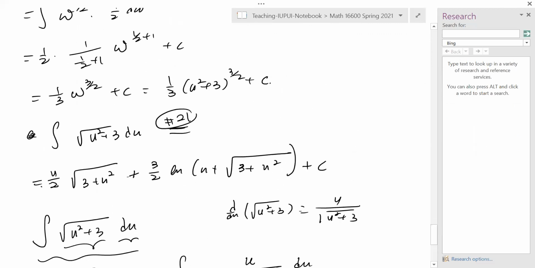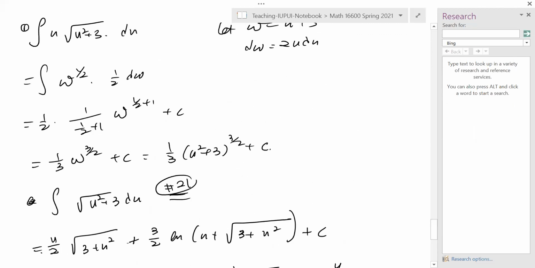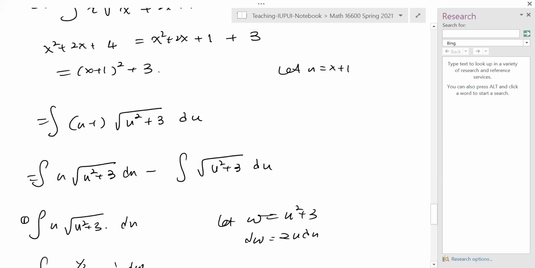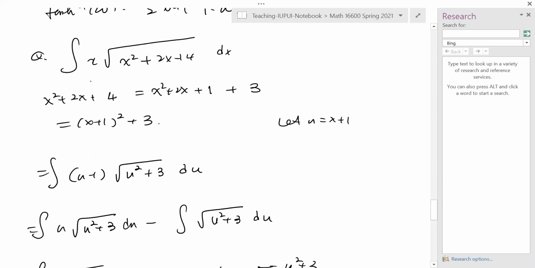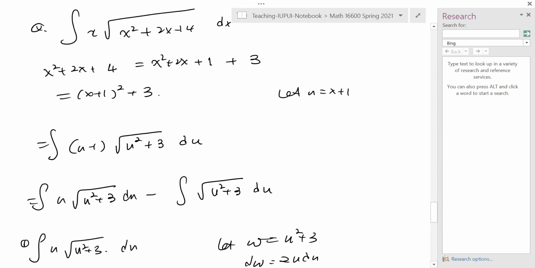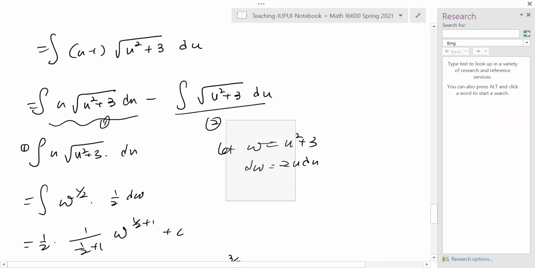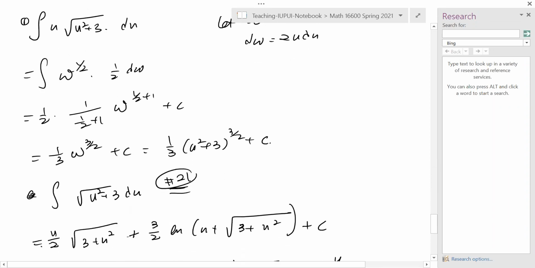After we, where it is. Yeah, I did not give the original answer yet because this should be expressed in terms of x. So I end up with two integrals. That's the first integral, that's the second integral. They are both expressed in terms of u, right?